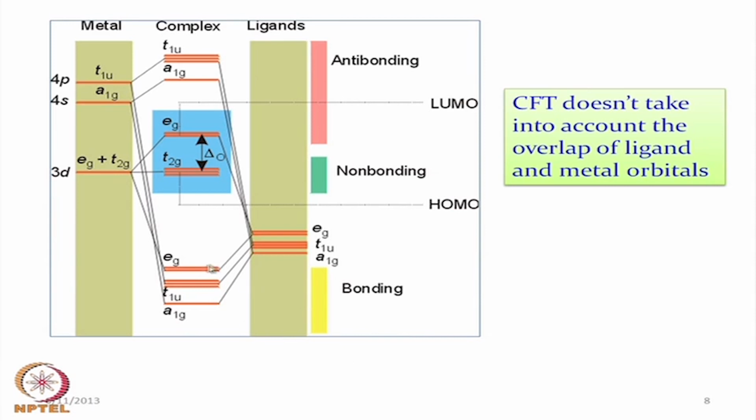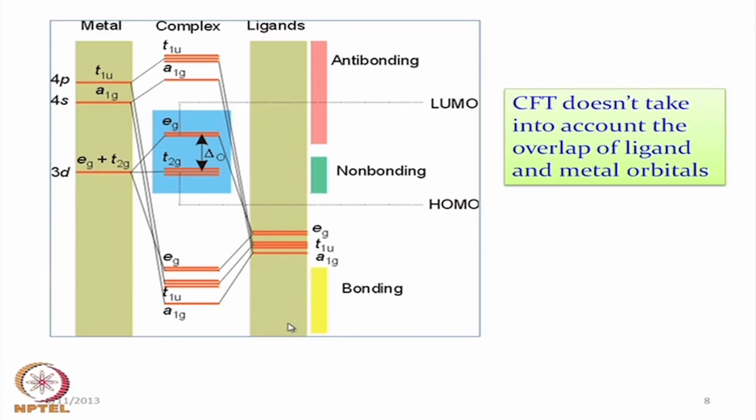The strength of the metal ligand bonding, or the strength of the metal ion complex, depends purely on this sort of interaction, where we have the 6 orbitals of A1G, T1U and Eg symmetry serving as this blue shaded, yellow shaded region as the bonding level.